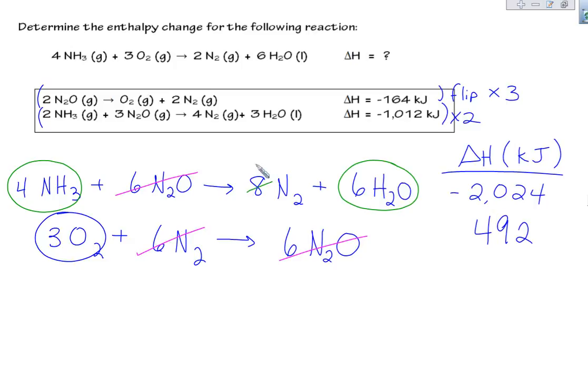And that's exactly what I want. So I got the 4 ammonia, I got the 3 oxygen. Now I have the 2 nitrogen. I was able to simplify that. And yes, the 6 water, this is perfect.